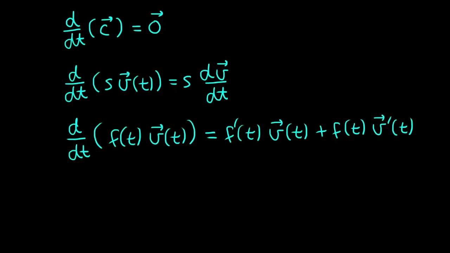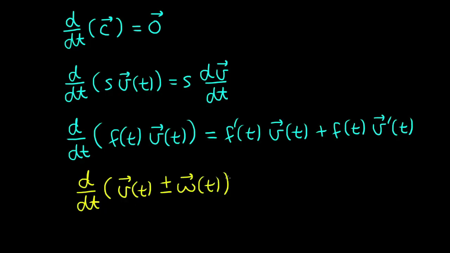And similarly, the sum and difference rules are where the derivative of the sum of two vectors, or the difference between the vectors with respect to t, is equal to v dash of t plus or minus the derivative of w with respect to t.